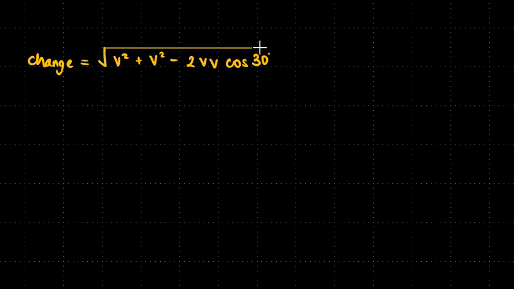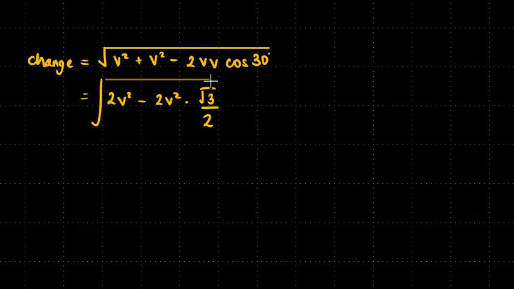Now let's just do some quick math. Cos 30 degrees is going to be square root 3 by 2. So this is going to be 2v square minus 2v square times square root 3 by 2. This value of cos 30 degrees is something that you must know.